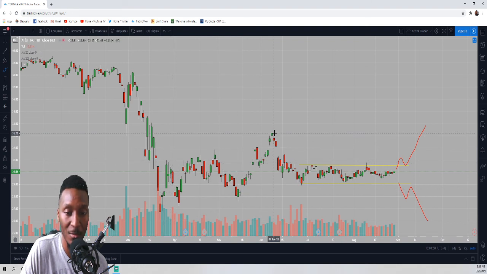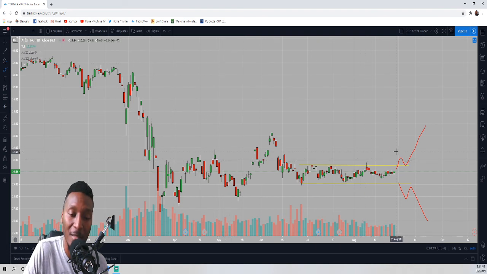I think that this move right here was just the end of this move, and now it's just waiting. And I think it'll come up at least to fill this gap right here. And I think ultimately this is a gap right here too. And then you've got a gap up here. So I'm expecting AT&T to make a move to the upside.